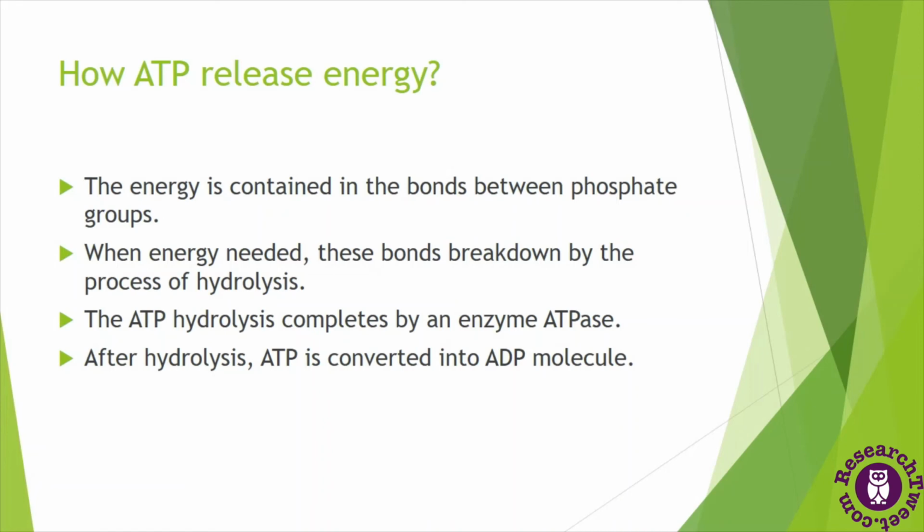ATPase is an enzyme from the class of enzymes known as hydrolases, and it hydrolyzes the bonds of ATP and converts it into an ADP molecule. And the breakdown of the phosphate group releases energy, and this energy is used to complete the processes.